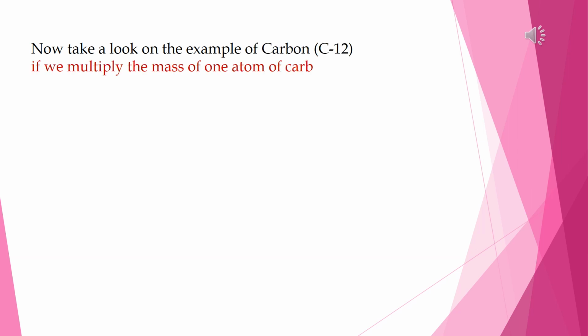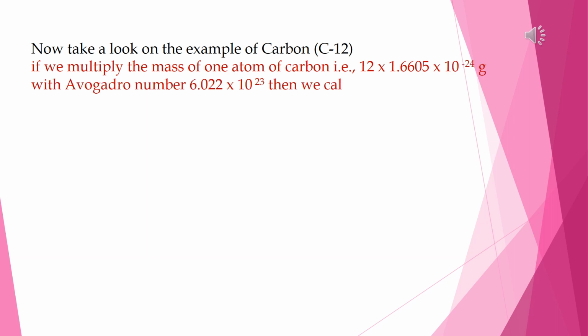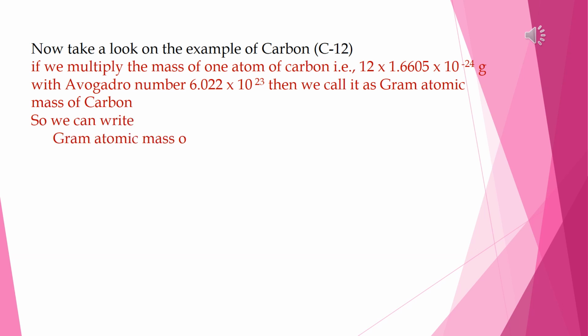Now take a look at the example of carbon 12. If we multiply the mass of one atom of carbon with Avogadro's number, then we call it gram atomic mass of carbon. So we can write gram atomic mass of carbon is 12 multiplied by the value of AMU multiplied by Avogadro's number, which comes out to be 12 gram. So that means the gram atomic mass of carbon is the mass of Avogadro number of carbon atoms.